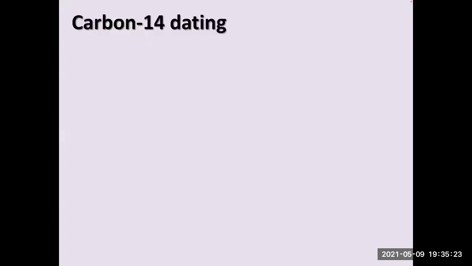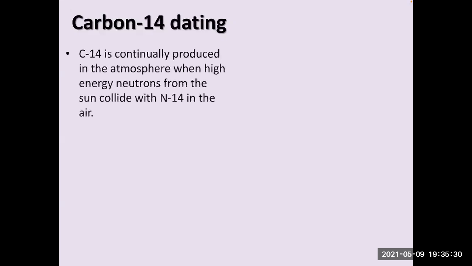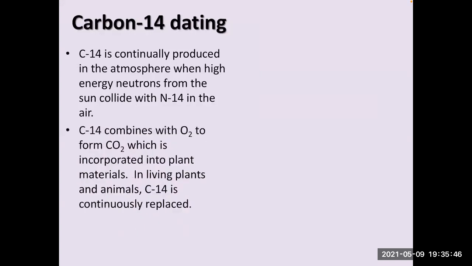All right, so a couple of different ways that we can use these unstable nuclides to our advantage. For example, carbon-14 dating. Carbon-14 is an unstable, or radioactive, isotope of carbon. It is continually produced in the atmosphere when high energy neutrons from the sun collide with nitrogen in the air. And it will combine with oxygen to form carbon dioxide, which is incorporated into plants and living animals.